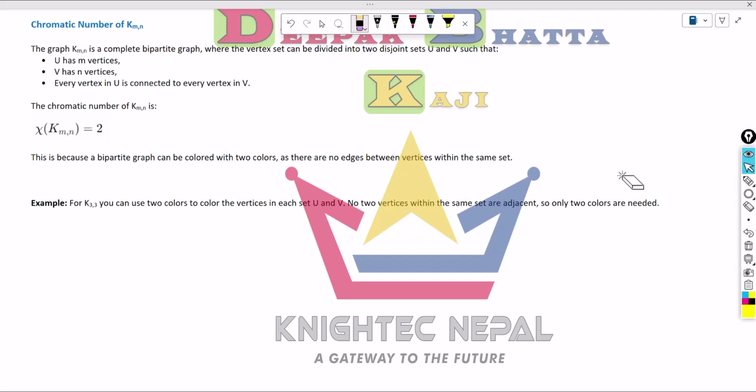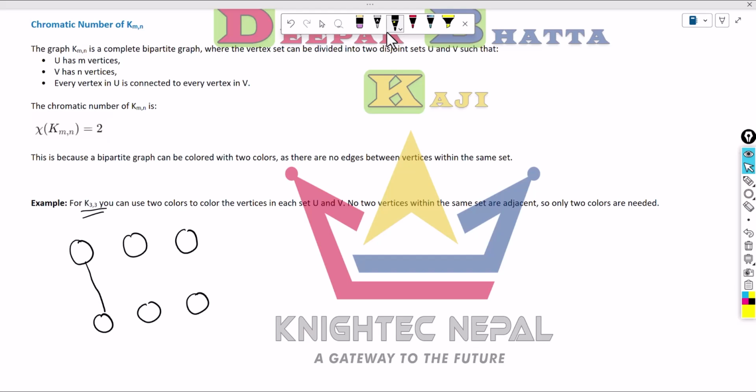So let us take this K3,3. We need to construct 1, 2, 3 in one subset and 3 on the other subset. So this is a complete bipartite graph.